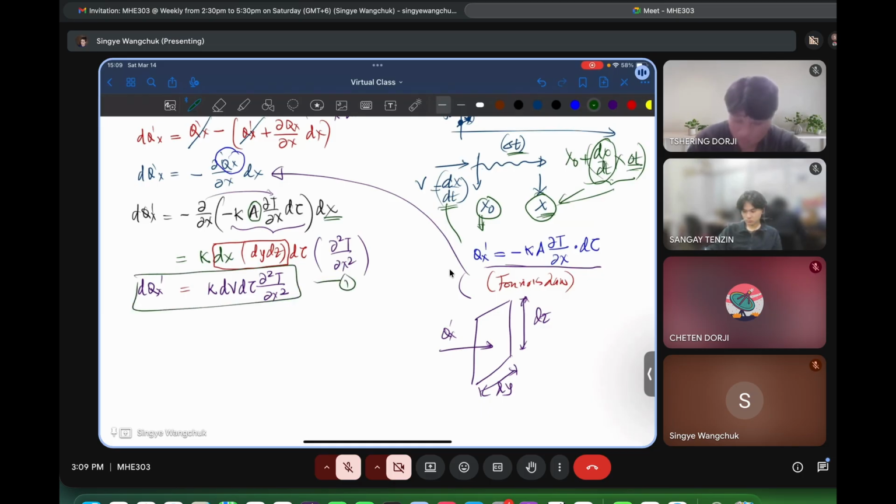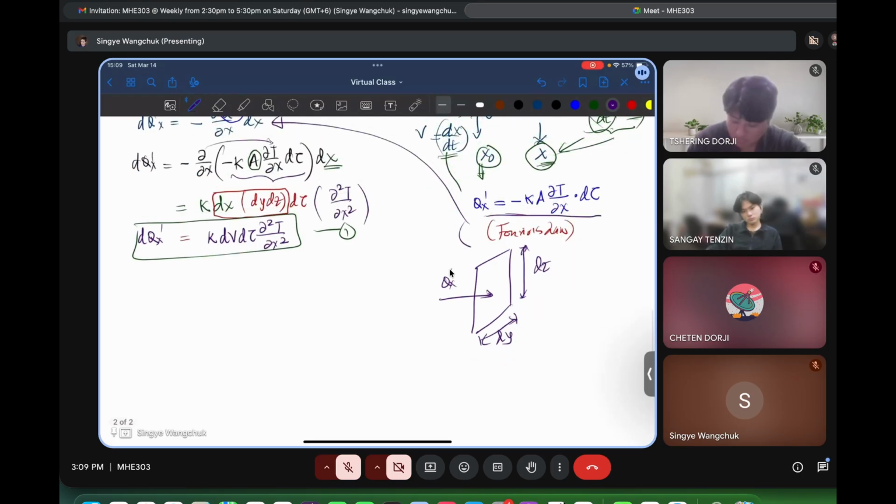So the same way if you do for this one, the y direction, you will get dq' y equals k dV dτ d squared T upon ∂y squared.